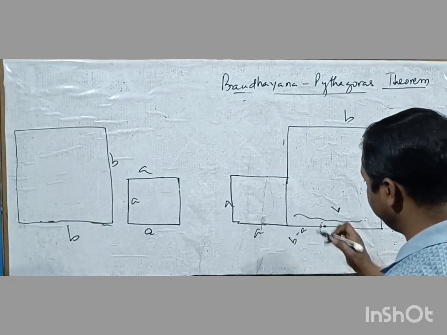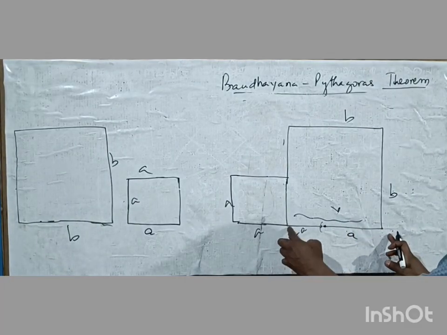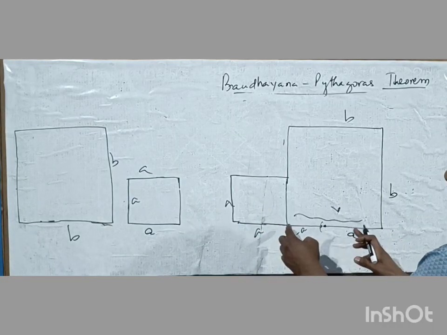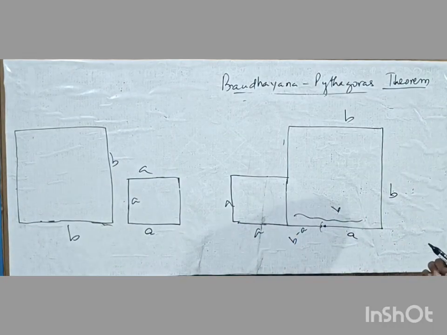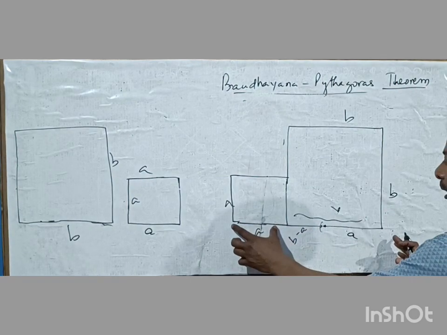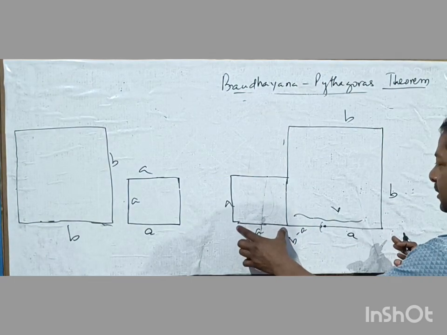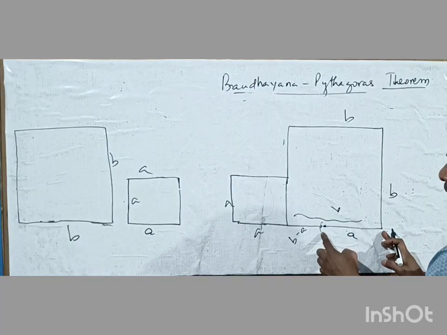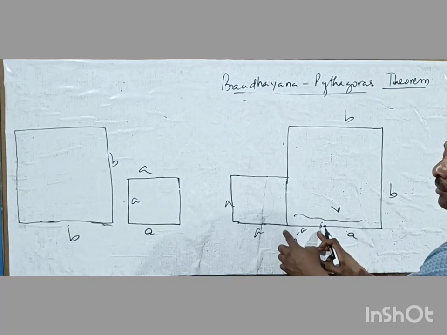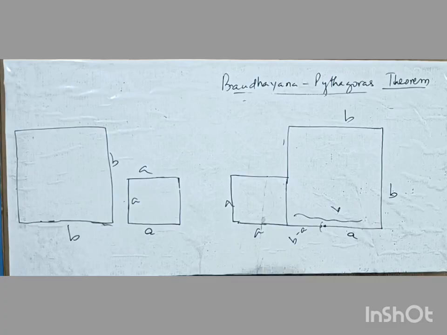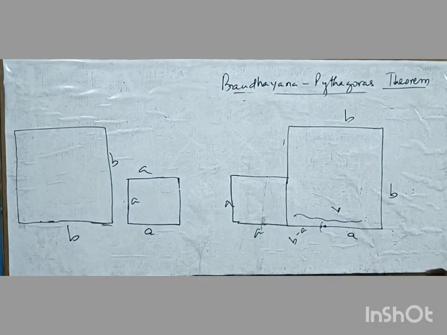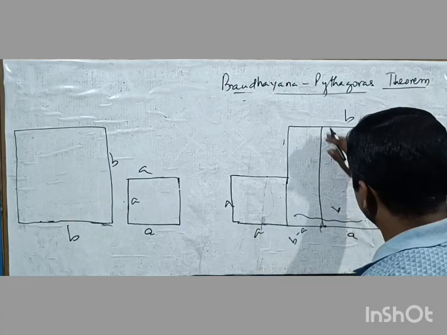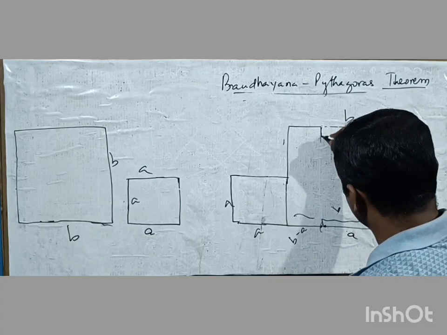B minus A, because total is B and this is A. If I have taken this length here, then this will be B minus A, because total is B and I have cut out this A length from here. Okay, so this rest length will be B minus A.